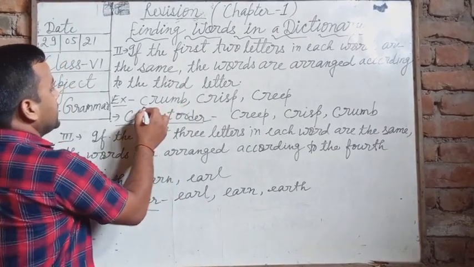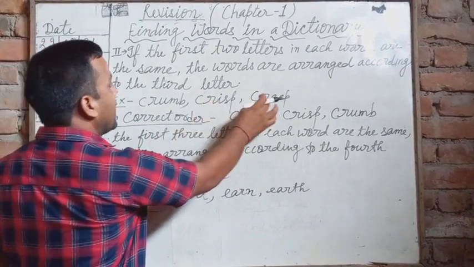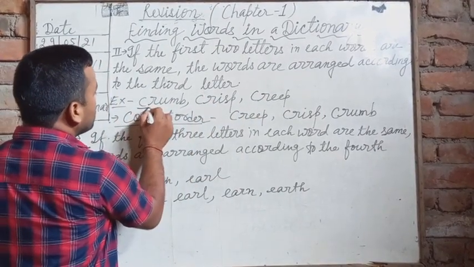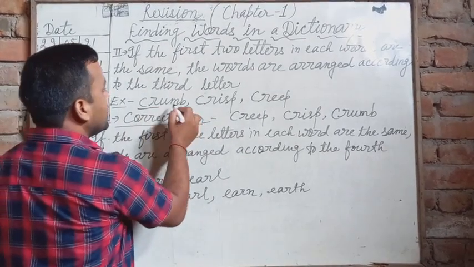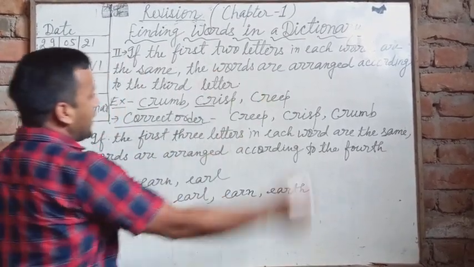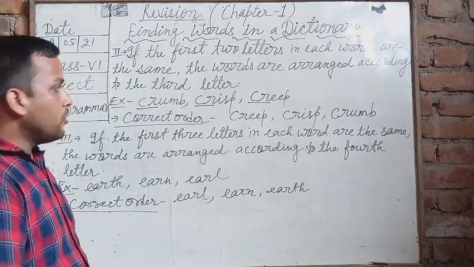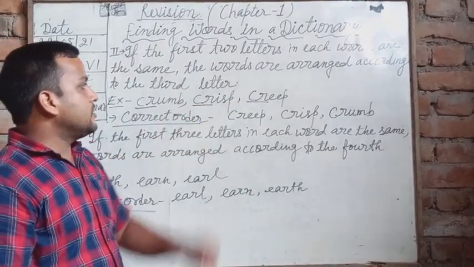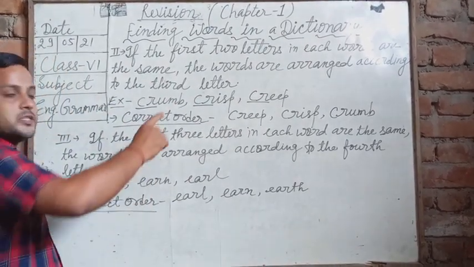The words given here are crumb, crisp, and creep. So the first two letters in each word are the same: CRUMB, CRISP, and CREEP. So these words will be arranged according to the third letter. So what will be first?